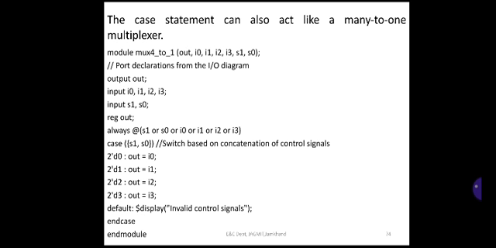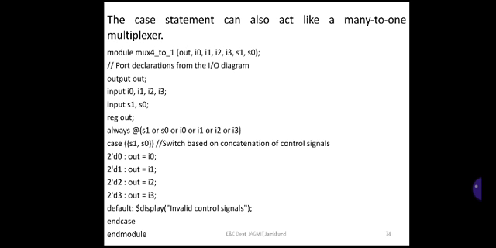So here the always block has so many alternatives: S1, S0, I0, I1, I2 or I3. Then the case statement. Here we switch based on the concatenation of the control signals. Observe that in the bracket S1, S0 are concatenated using curly brackets.